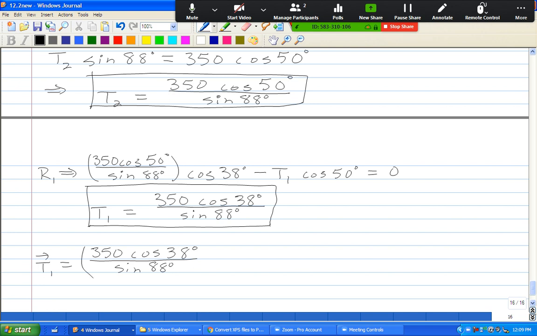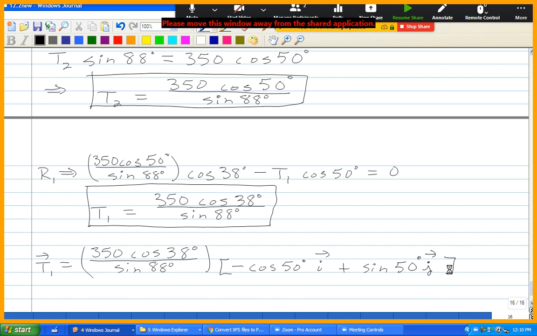T1 is minus this amount times cosine of 50 I vector plus this amount times sine of 50 degrees J. And so that's your vector representation.